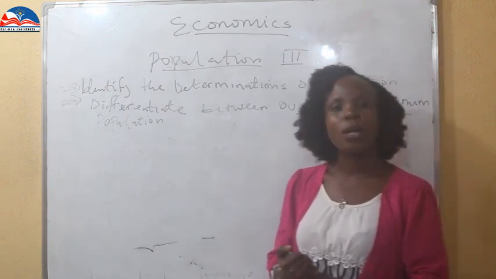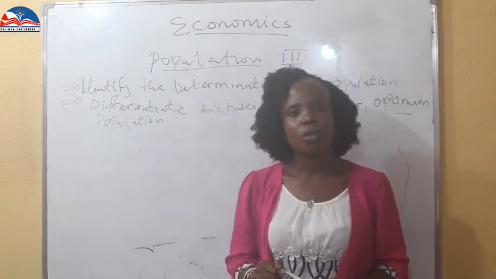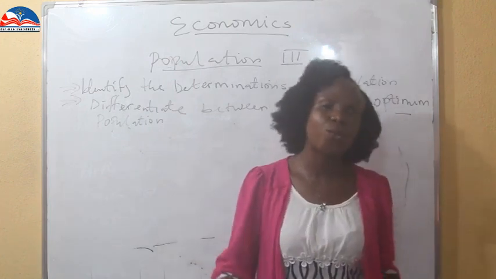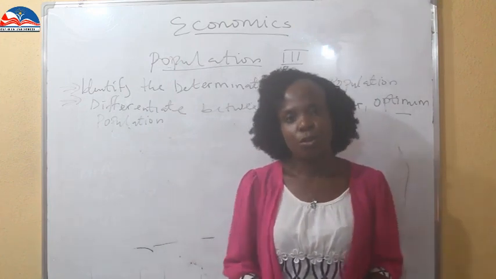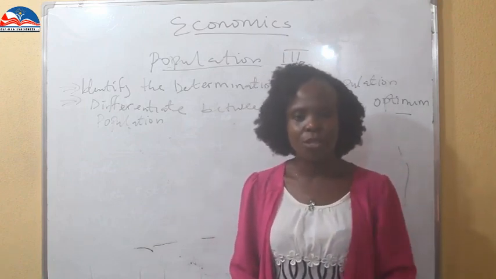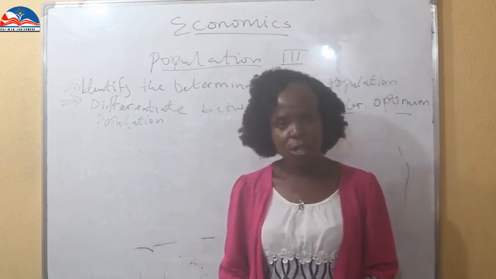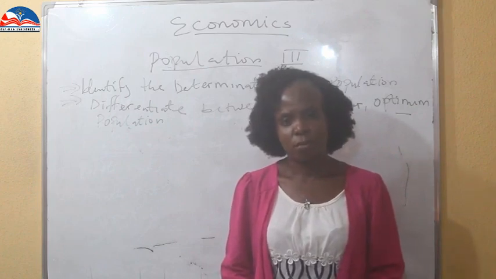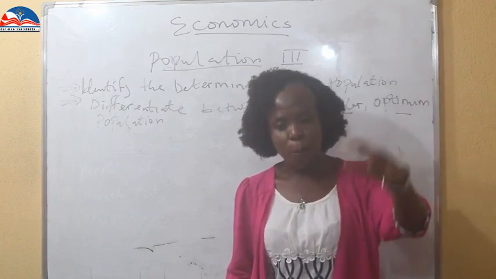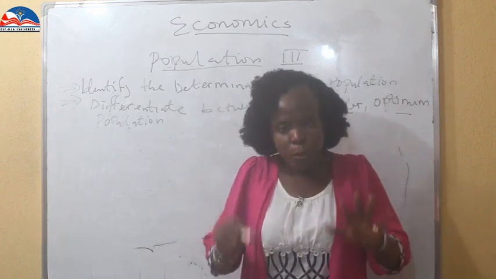Then we'll go to the next one, underpopulation. A situation whereby in the geographical region, the resources there are more than enough to take care of those who exist in the region. That's to say, the death rate is more than the birth rate. The migration rate is lower because people are not coming in. People who are born into the country are fewer than the people who are dying. And so the population is going down.